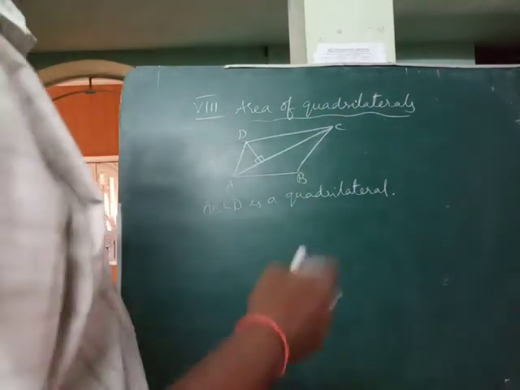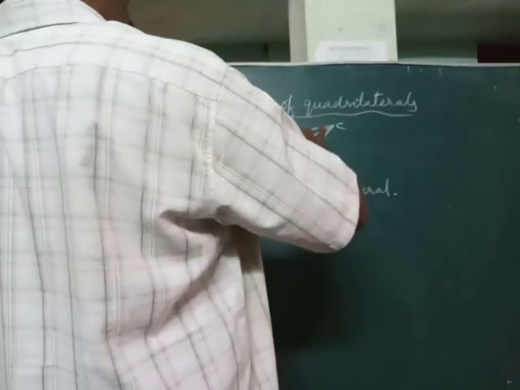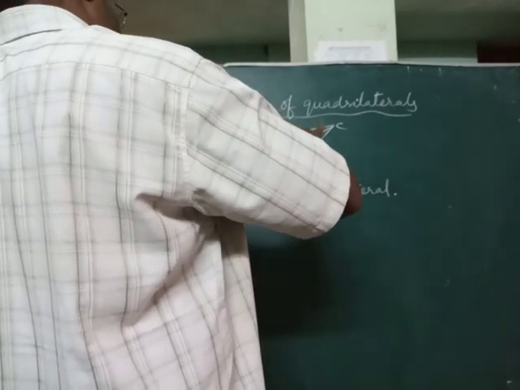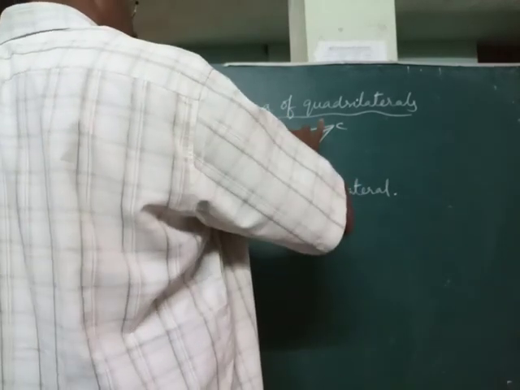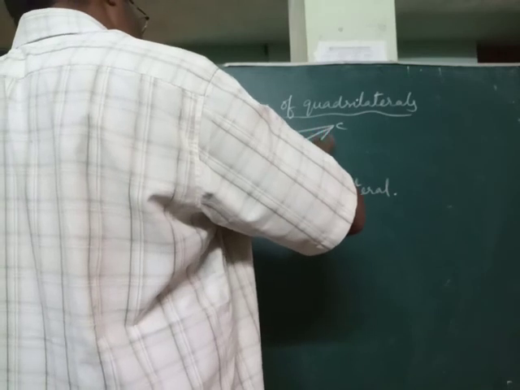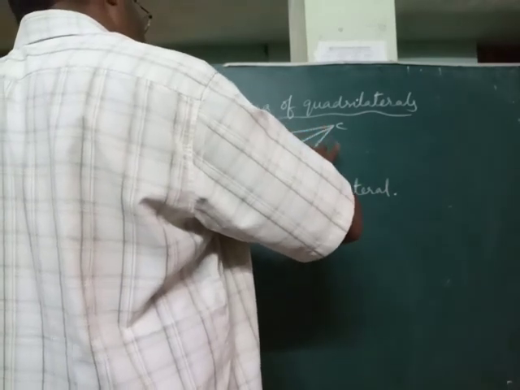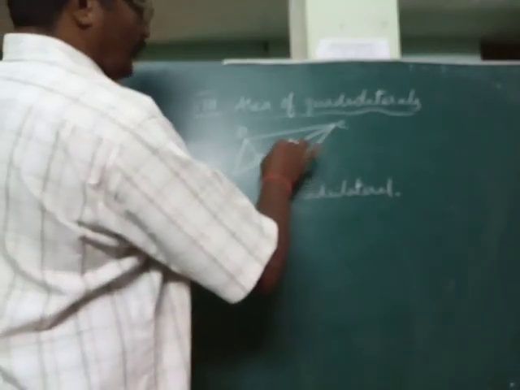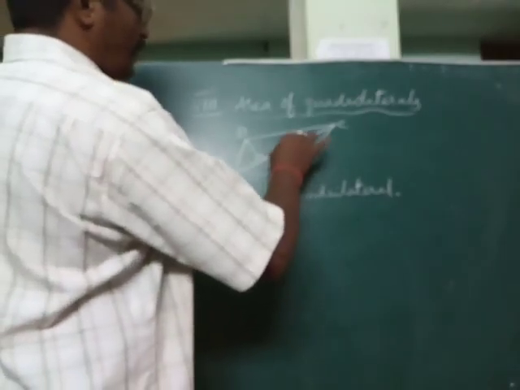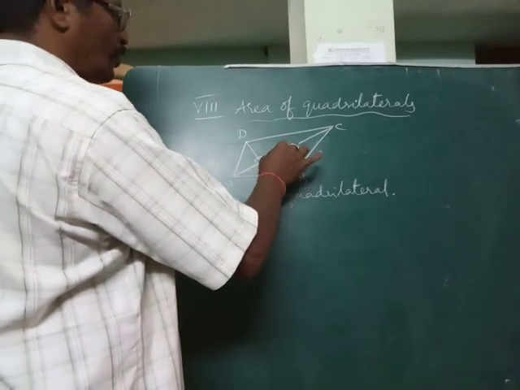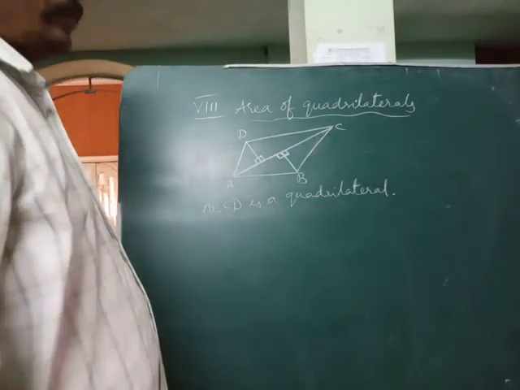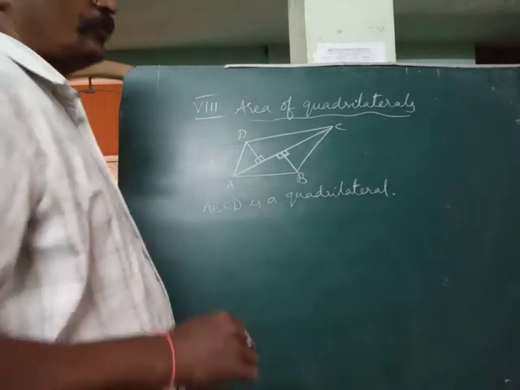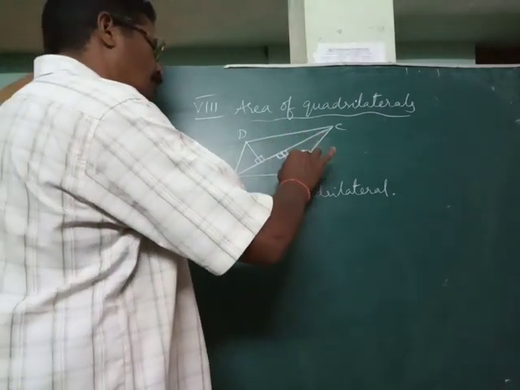AC means diagonal. This is one more perpendicular line from B on AC. Here also forming 90 degrees. So this is called perpendicular.